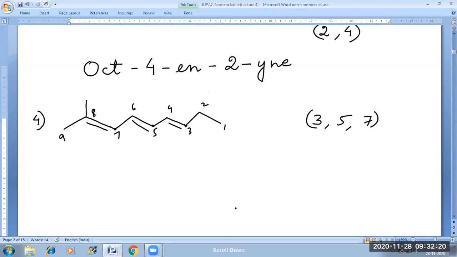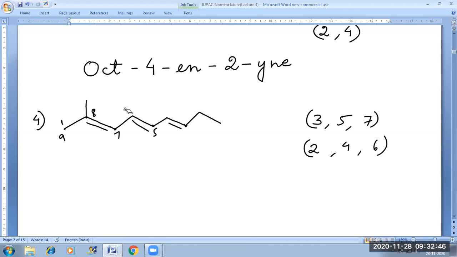Let's number in another way and see. If I number from this side, it will be 1, this will be 2. So 2, 4, and 6. This will be the set of locants for the double bond. So I have to choose the lower set of locants.